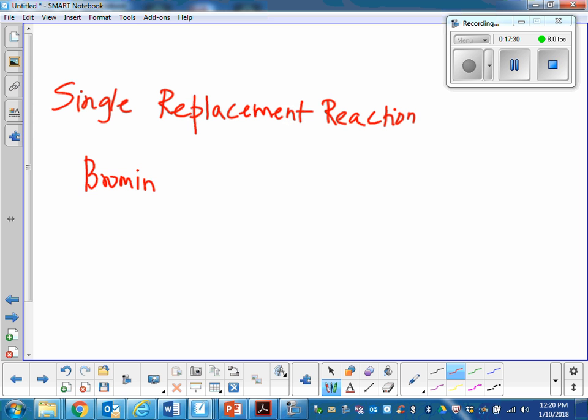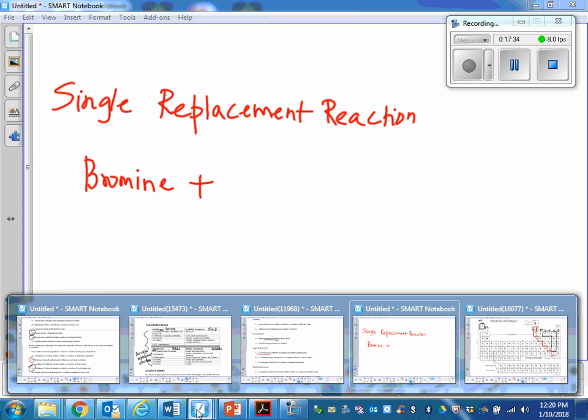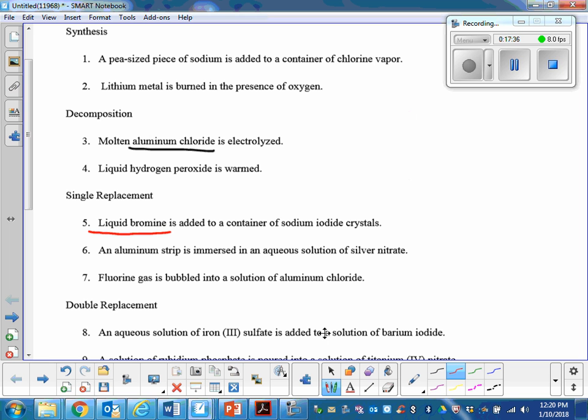It's a non-metal. Plus, what is the other substance they have given? Let's look at the other substance. It says sodium iodide. Sodium is a metal. Iodine is a non-metal gas, right? So metal plus non-metal, that's an ionic compound, correct?